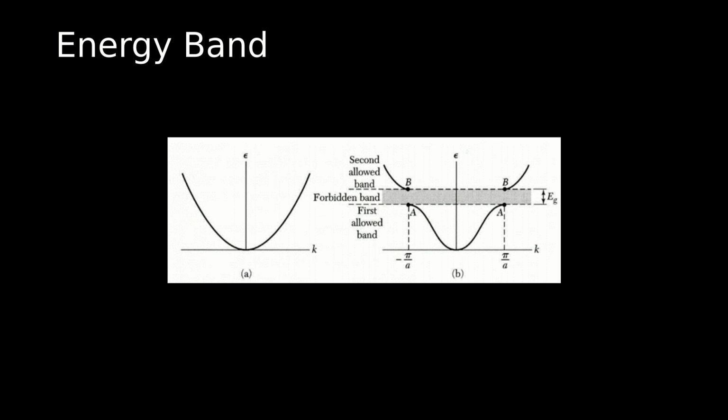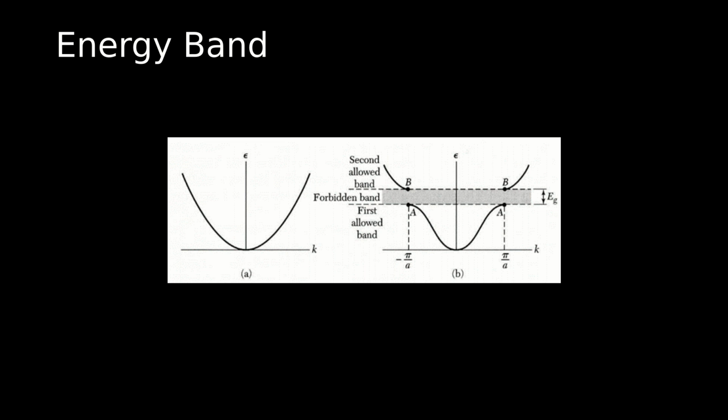And the next concept we're going to talk about is the energy band. In this graph, A shows the energy a free electron can have versus the wave number k.